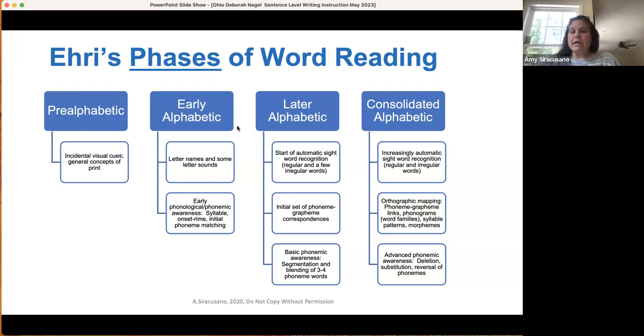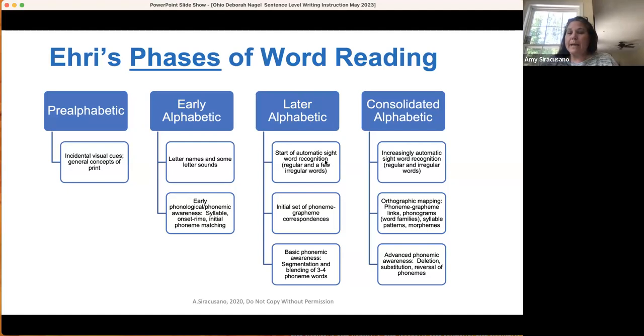A child who's at the early alphabetic phase might be able to get some beginning sounds, right? So we're looking for kids to replicate within their picture story some beginning sounds. And kindergarten teachers, pre-K teachers might call this labeling beginning sounds, right? But we're going to do this in the form of a sentence.